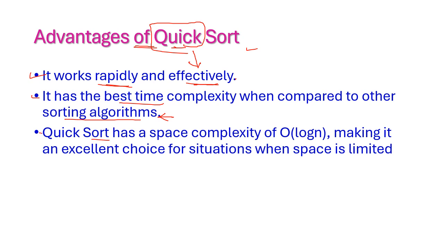And quicksort has space complexity of n log n. That is, it does not consume that much space. Space complexity is very less, making it an excellent choice for situations when space is limited. See, if we don't have that much space, then immediately we can select the quicksort.